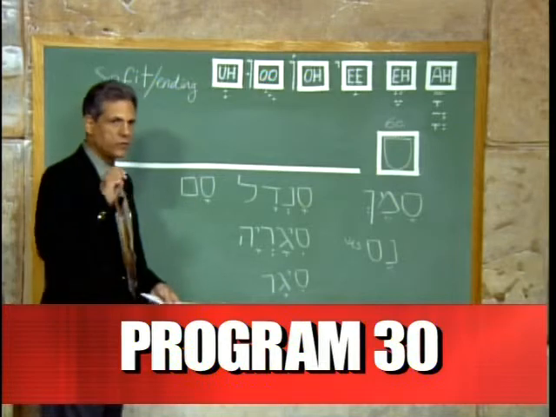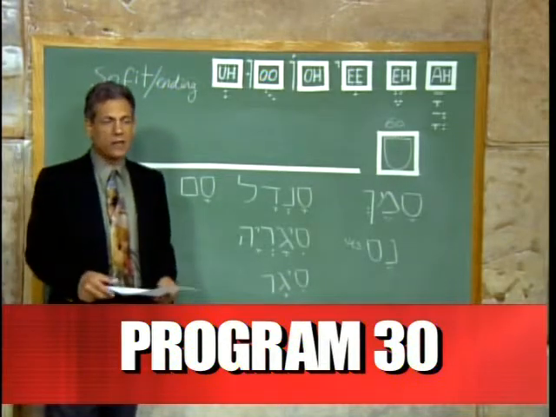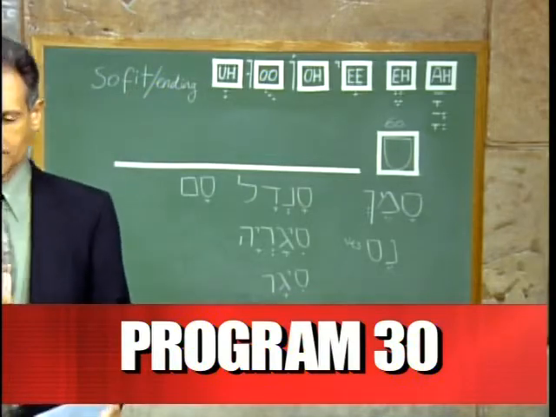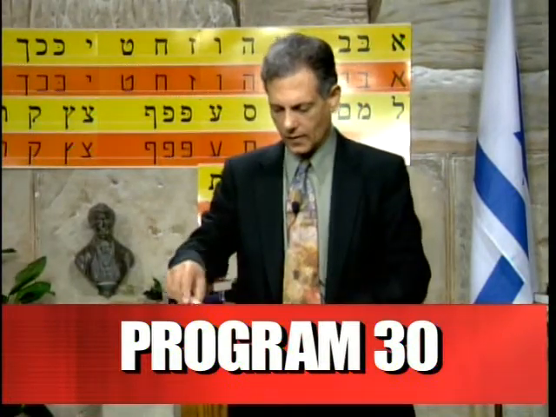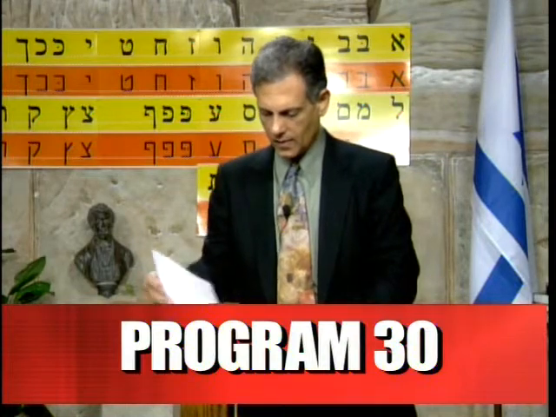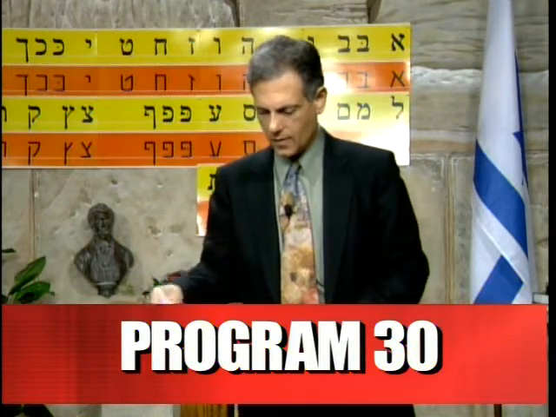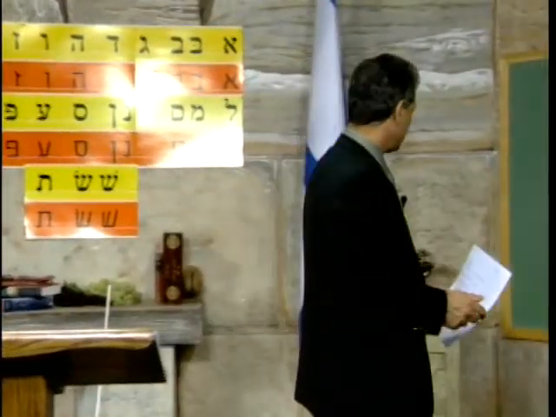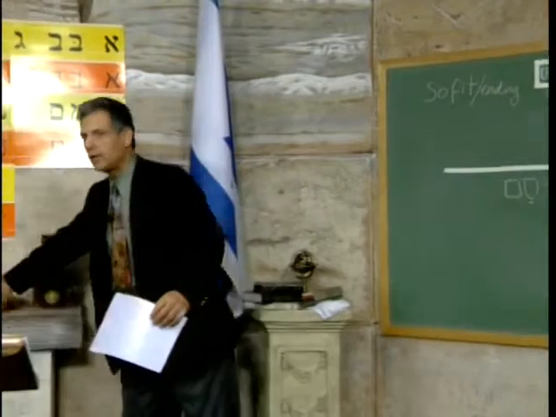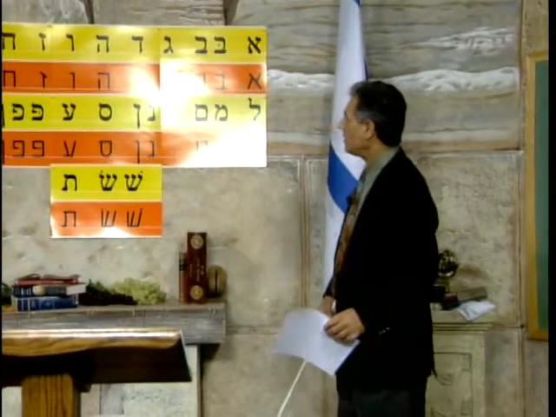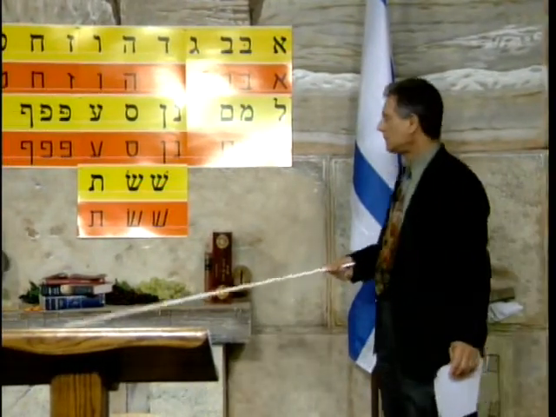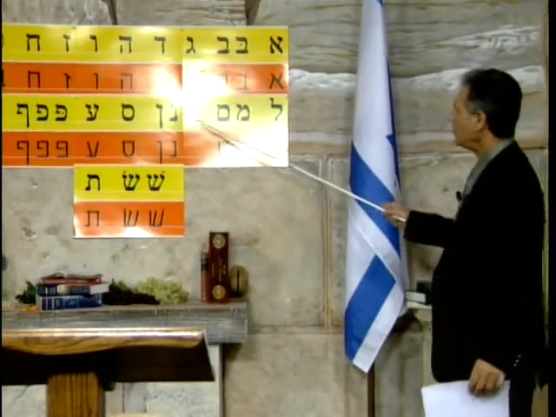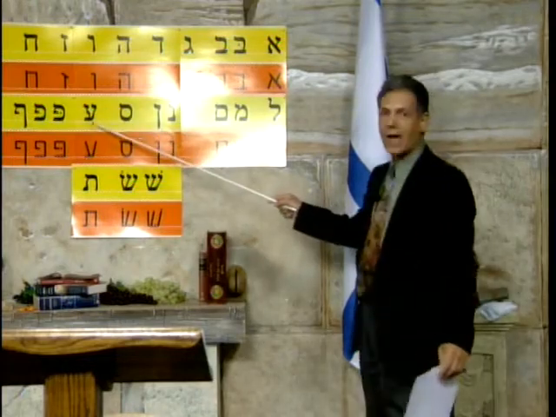The next letter I want to show you is the letter ayin. Let's talk about ayin for a minute. If we want to look at the string of letters, just to see where the ayin is, we did lamed, mem, nun, samech, ayin.